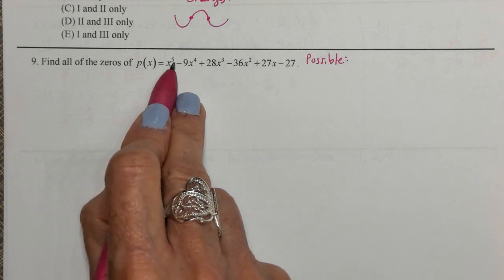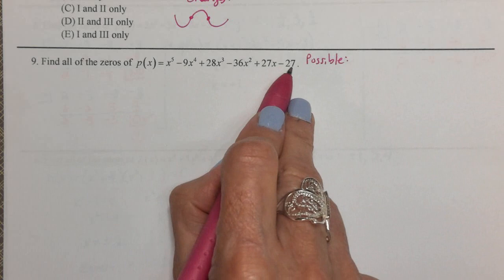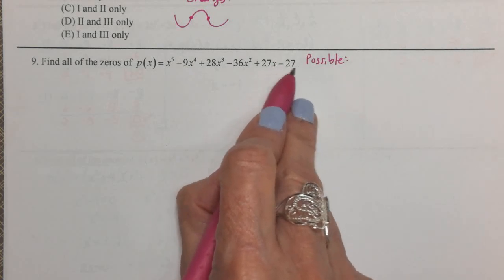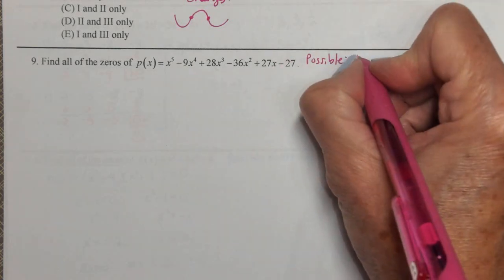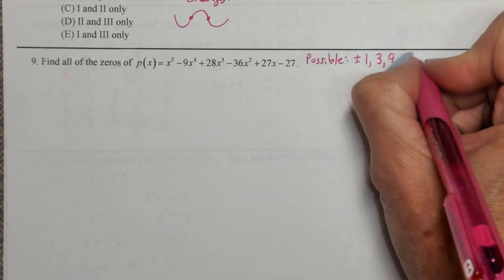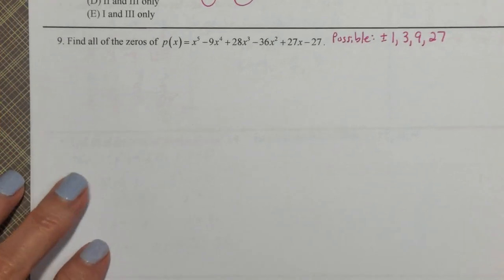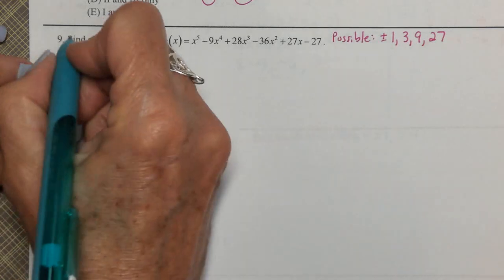I was not kind that I gave you a 5th degree, but I was kind that I gave you a 1 here. So the possible rational zeros are only dependent on this 27. So plus and minus 1, 3, 9, and 27. Only 8 possibles. Not terrible.